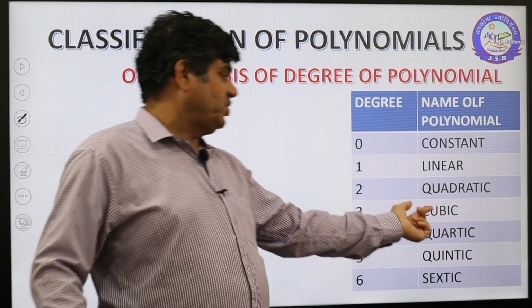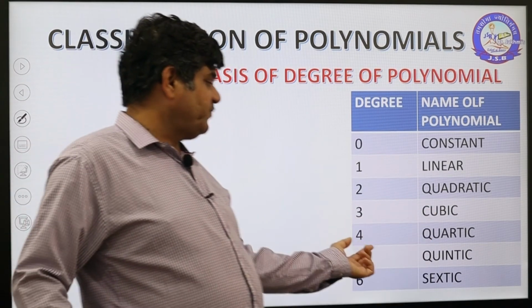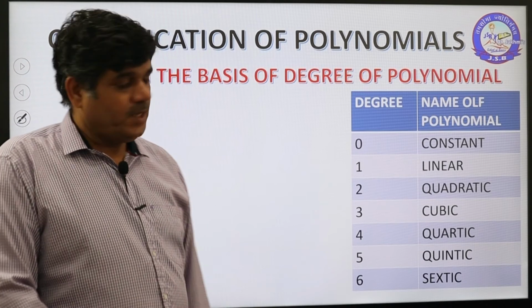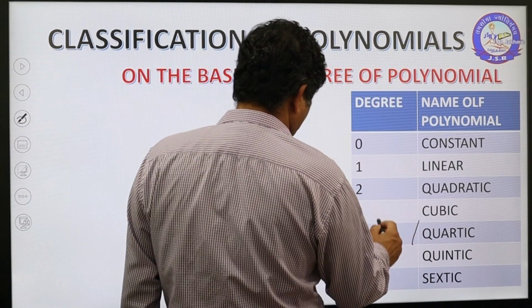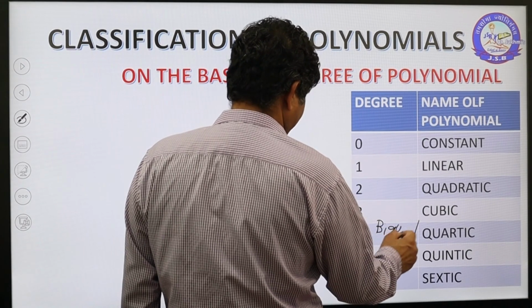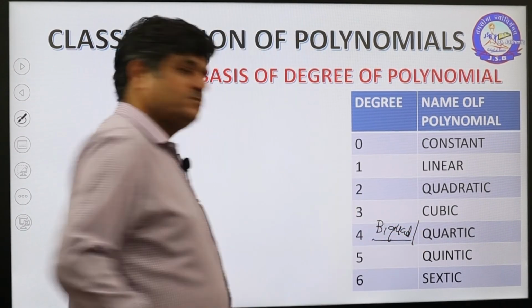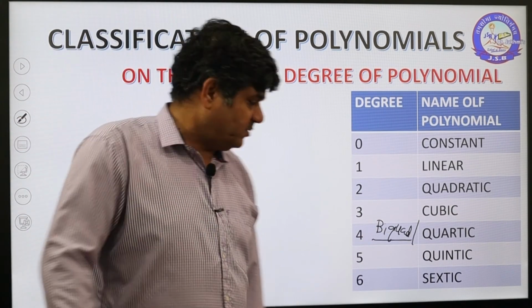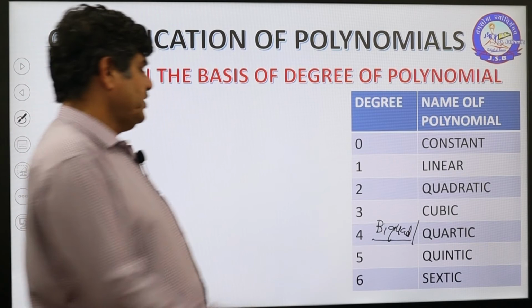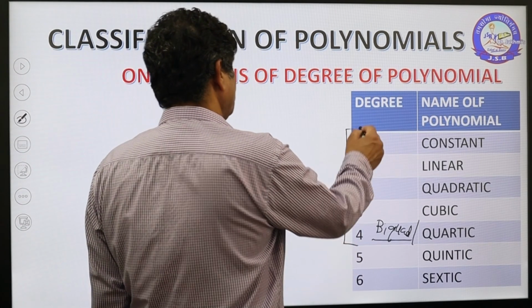If the degree is 3, we call it cubic. If the degree is 4, we call it quartic. In some Indian textbooks, you will find a word called biquadratic. That's also okay. If the degree is 5, it's called a quintic polynomial and so on. Even if you know up to this point, it's usually good to go.